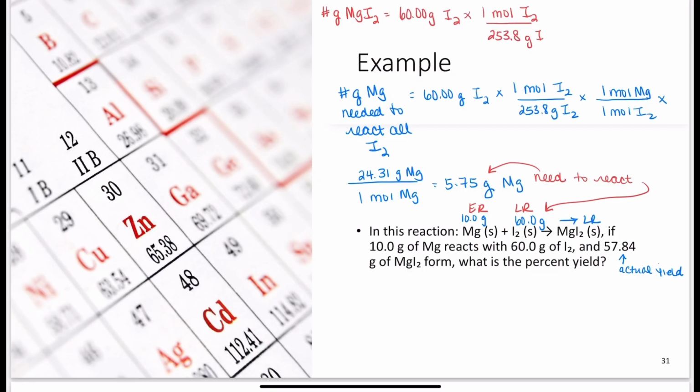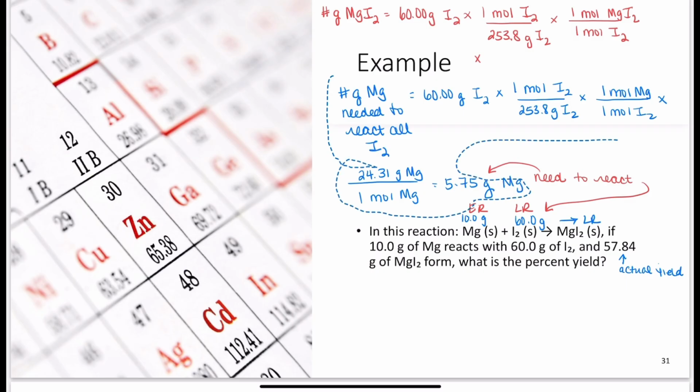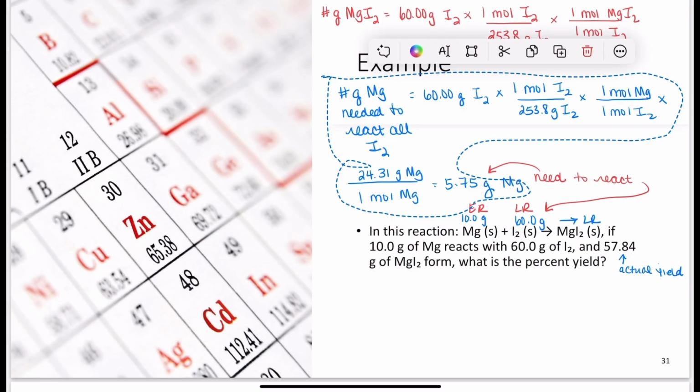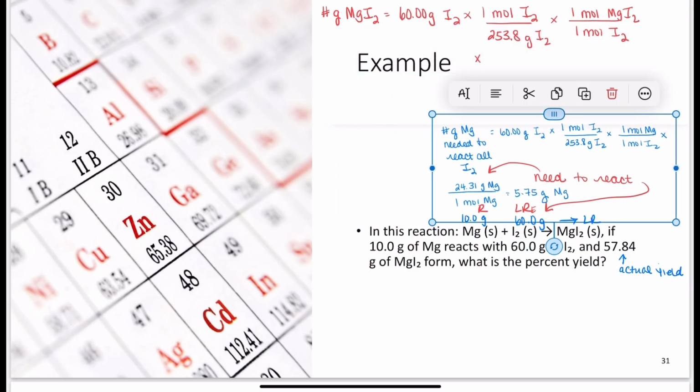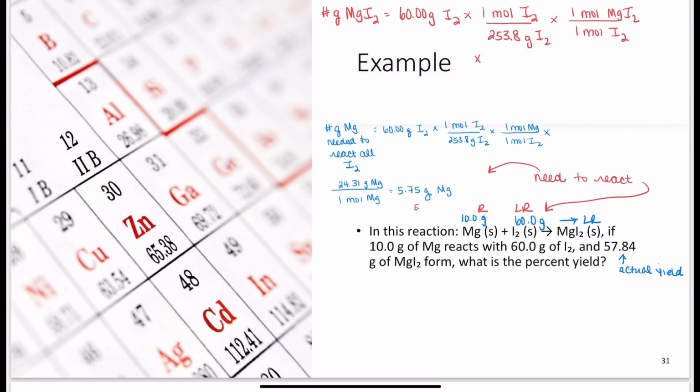I don't know what my limiting reactant is yet, though, because again, I have both possible species here. So, you can go through the full six-step method like we talked about. I'm going to do it slightly different than that. I'm just going to compare one to the other directly.